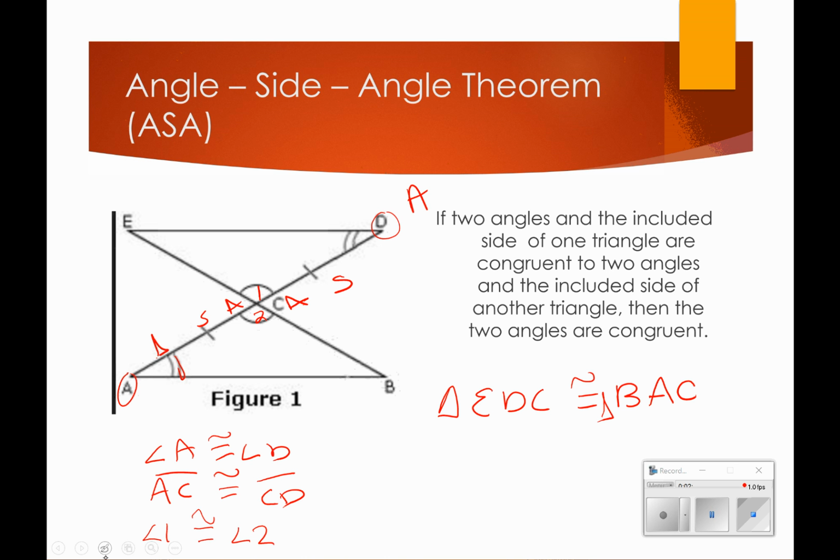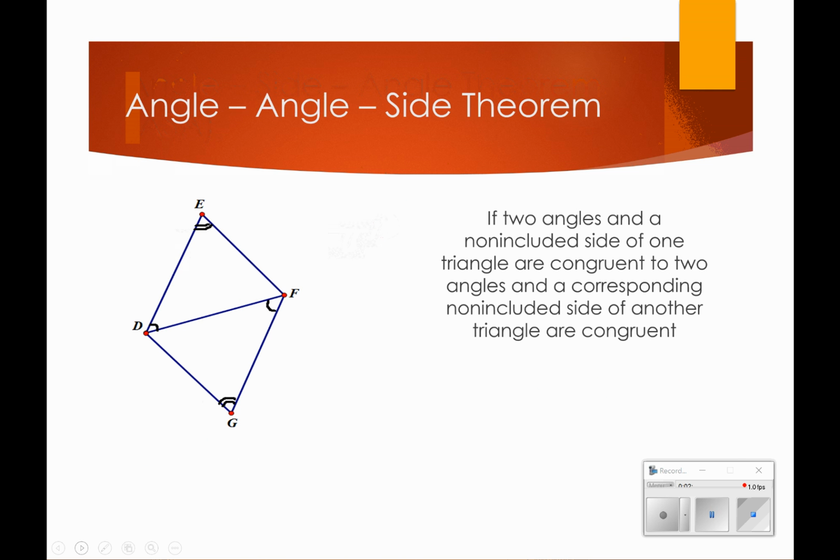Okay, moving on to the next postulate that we have. It's called the angle angle side, or AAS. So if two angles and a non-included side of one triangle are congruent to two angles and the corresponding non-included side of another triangle, then they're congruent.